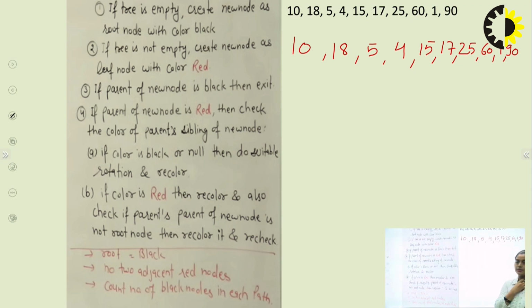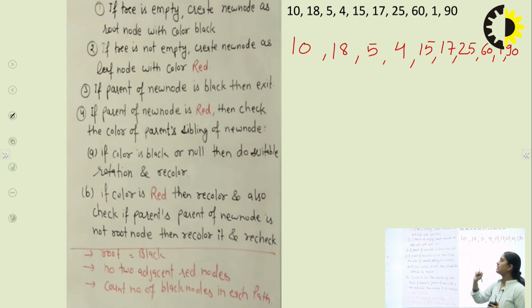What are the steps? So these are some steps. Basically this is not the exact algorithm. In the next slide I am going to show the exact algorithm. This is the simplest way of representing the insertion algorithm. Okay. So what are the steps?